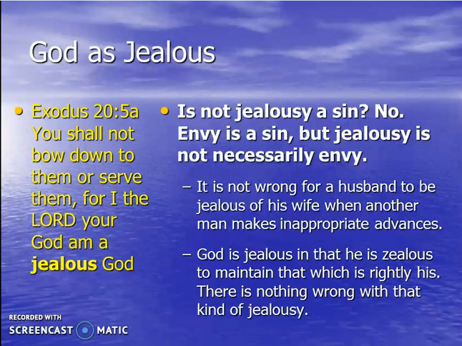The way that a husband might be zealous to maintain a relationship with his wife and be intent on not allowing any man to encroach upon that relationship. So just as it's not wrong for a husband to be jealous of his wife when another man inappropriately advances on her, so God is jealous in the sense that he's zealous to maintain his proper relationship with his people.